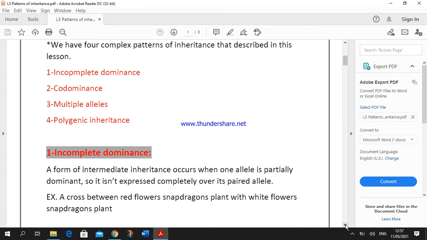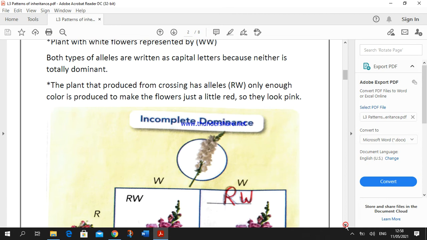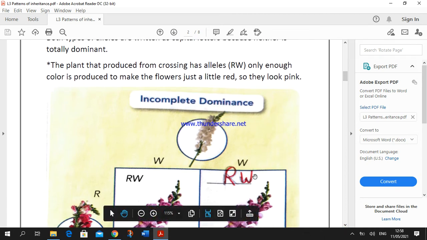We have an example, the cross between red-flowered snapdragon plants and white-flowered snapdragon plants. We crossed a white flower plant and a red flower plant, where the white flower has the genotype W capital and the red flower has the genotype R capital.